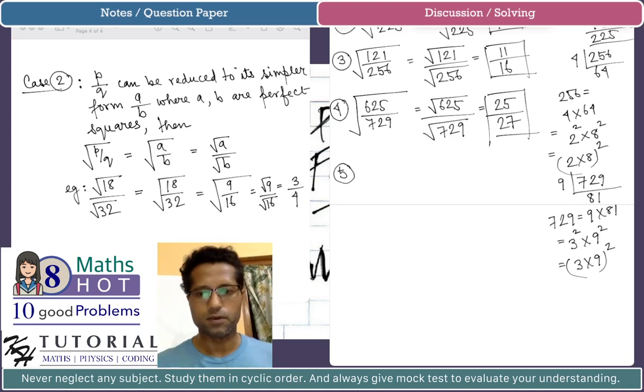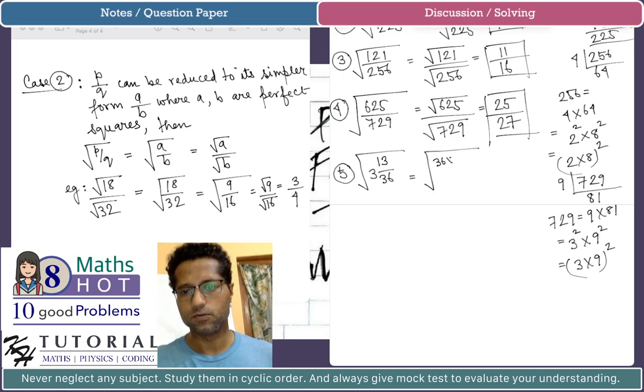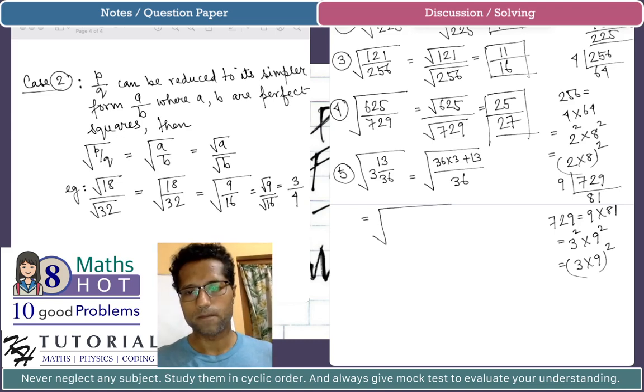The given fraction is given in terms of a mixed fraction, 3 and 13 by 36. For this kind of problem, you have to first convert the mixed fraction into an improper fraction. So 3 and 13 by 36 will be 36 into 3 plus 13 divided by 36. 36 into 3 is 108 plus 13 divided by 36.